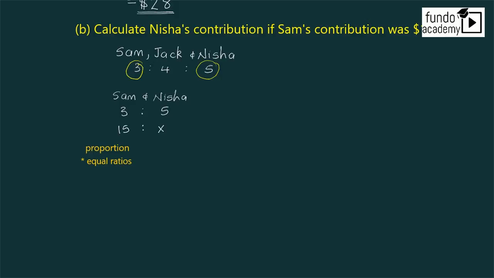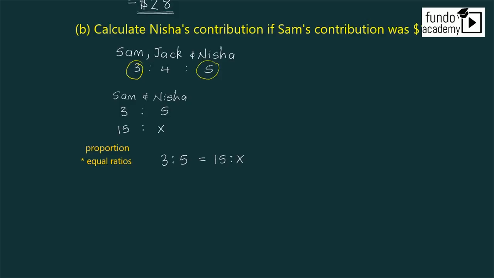In other words, we're saying that the ratio 3 to 5 should be the same ratio as 15 to X. Because they are proportional, they are equal ratios. If we reduce 15 to X, we should go back to the ratio 3 to 5.